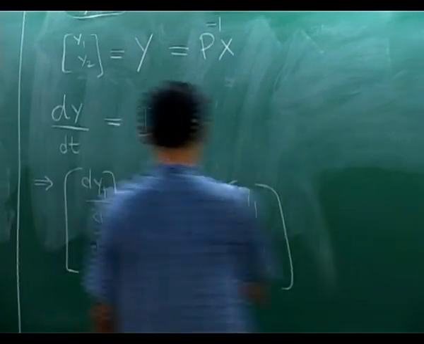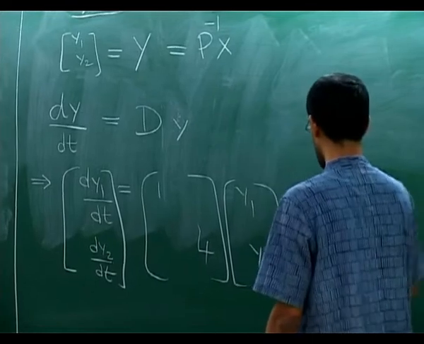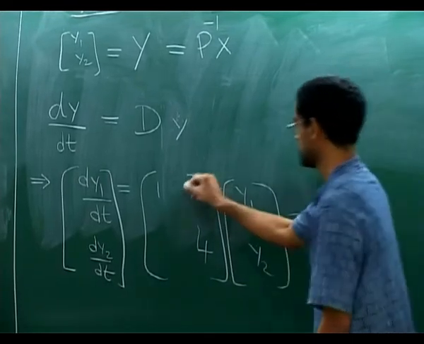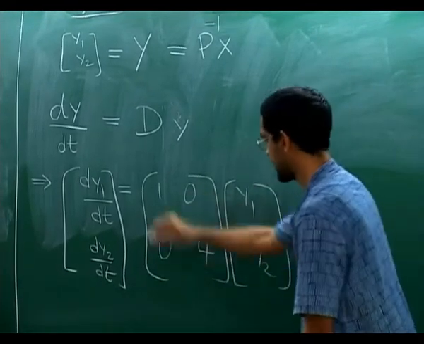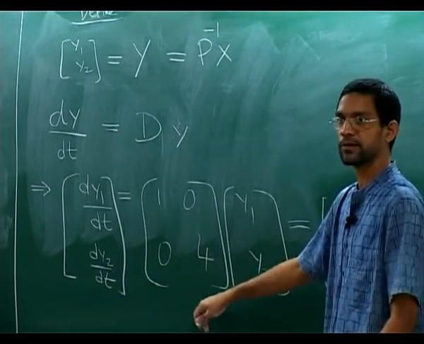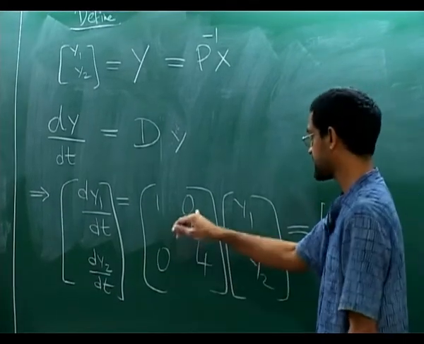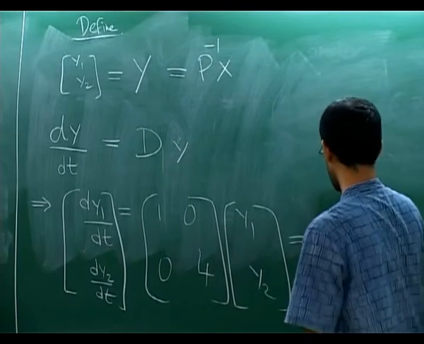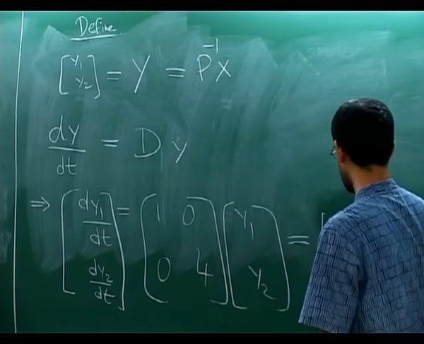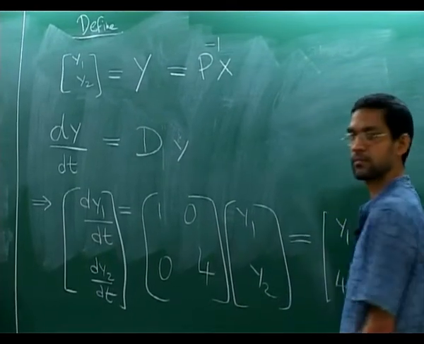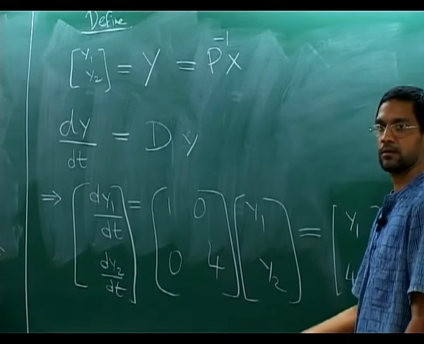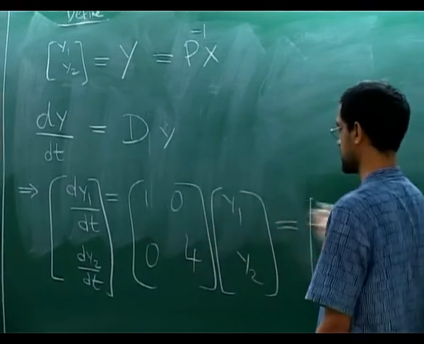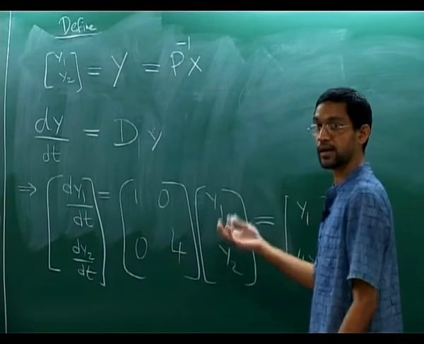So now let's see, the right hand side is what? This is a diagonal matrix. That's a very important thing here. Because you have diagonalized it, the first equation only involves y1. The second only involves y2. Correct? So now what is the resulting equation? It is two equations, but they are uncoupled.